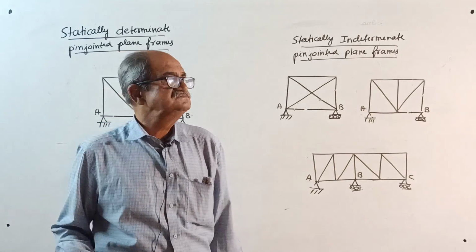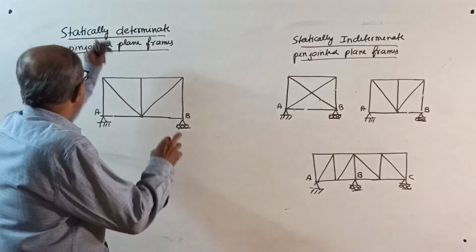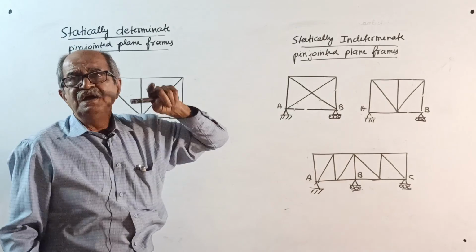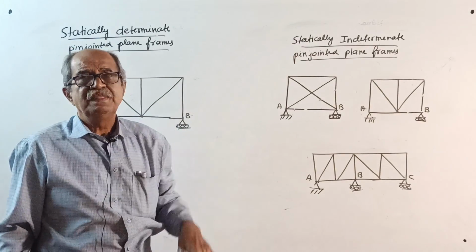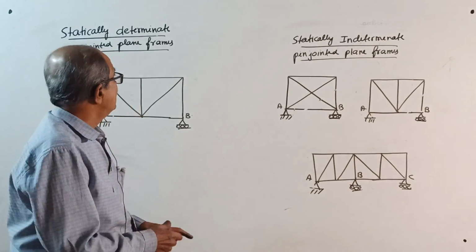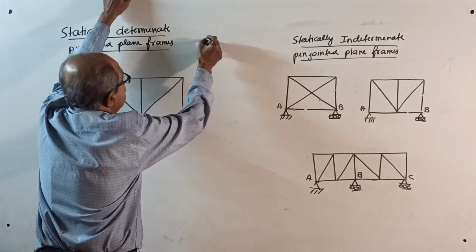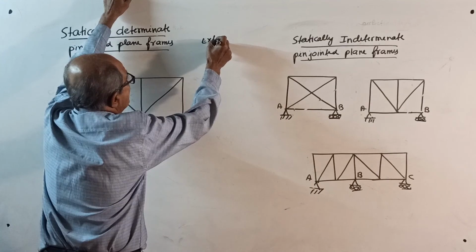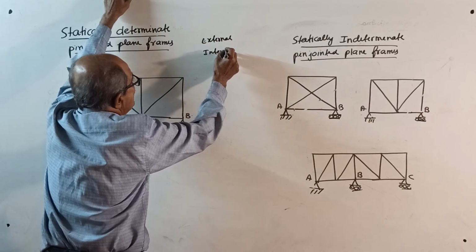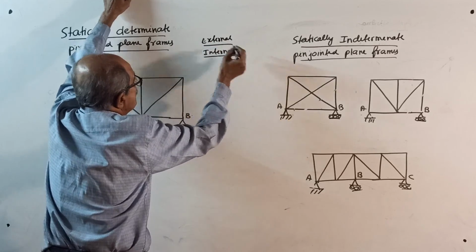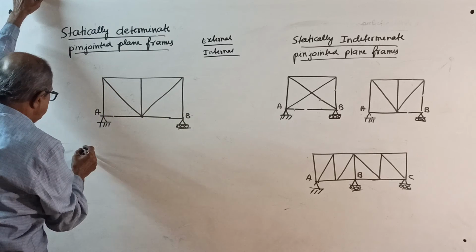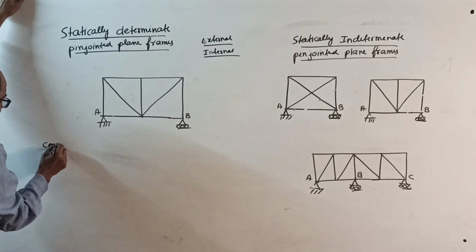You should write it. Now see, in case of pin-jointed frames and also later for rigid jointed frames, when you consider static determinacy or indeterminacy, there are two terms. One is external, other is internal. For external, first consider external.